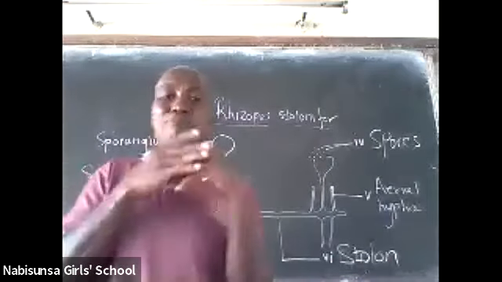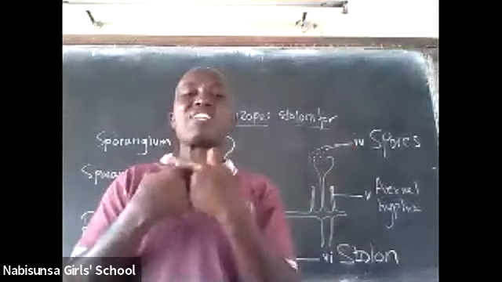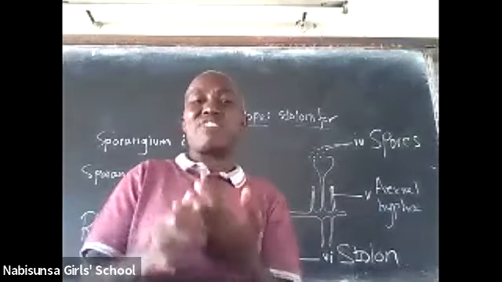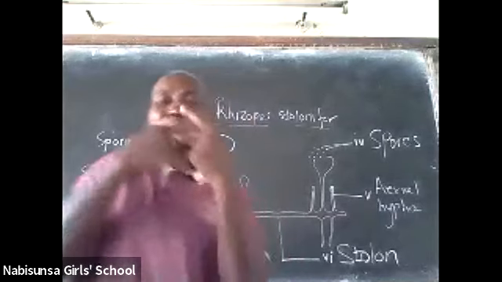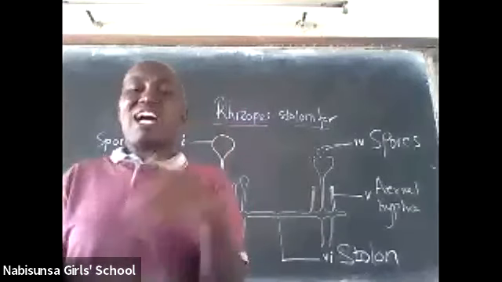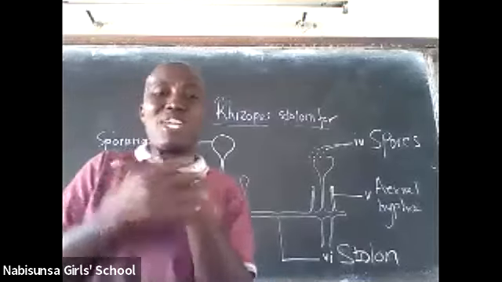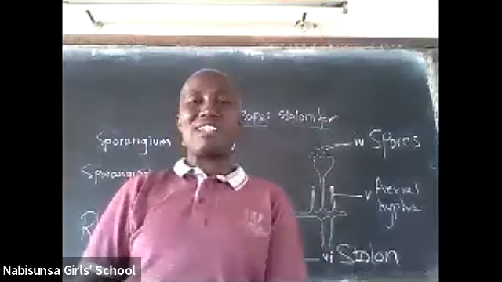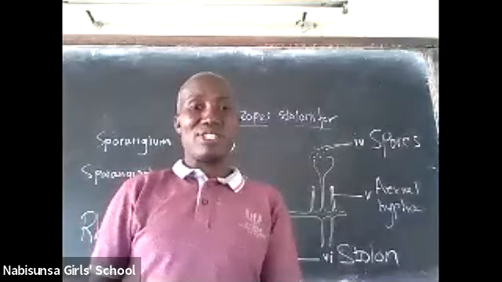When that sporangium breaks, it releases the spores. But because we said the spores are small and very light, once the sporangium breaks or splits and the spores become exposed to the wind, then the wind will blow those spores in all directions.